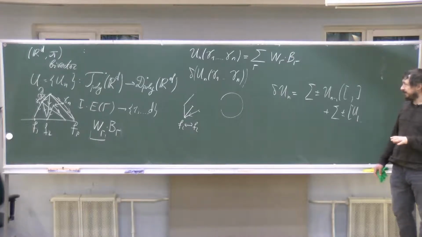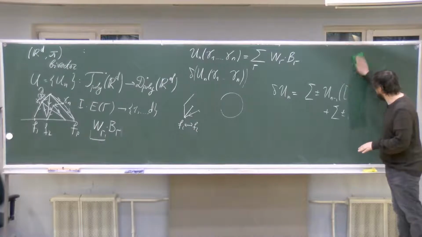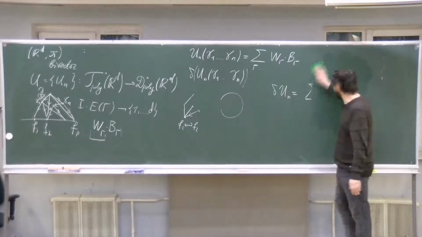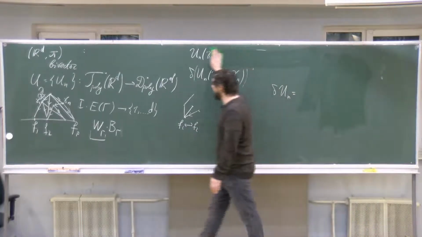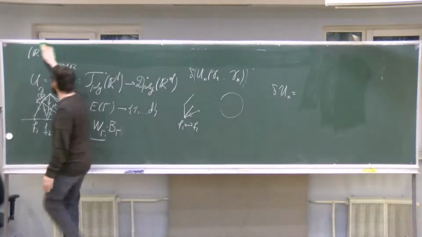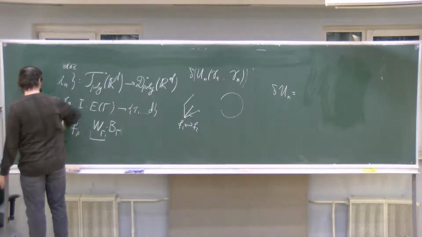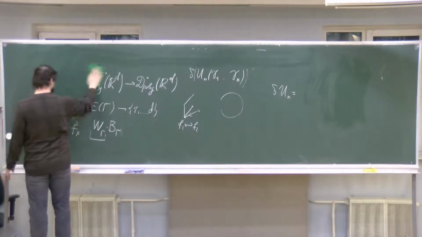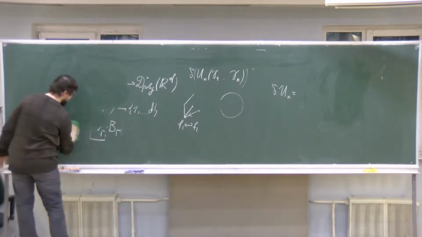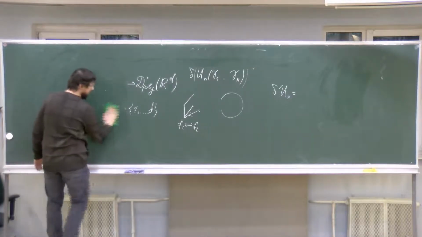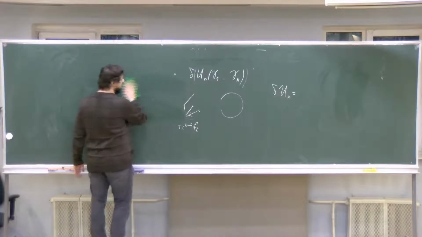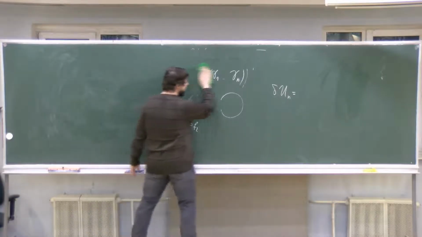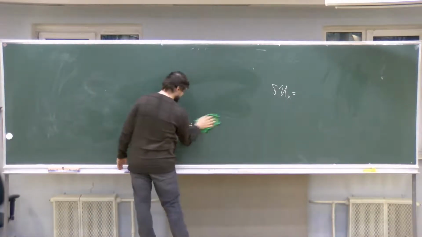But the way this configuration space appears is actually, I think I explained this last time, but very briefly in the end. So I'll try to do this now, again very briefly, but I hope less briefly than last time.